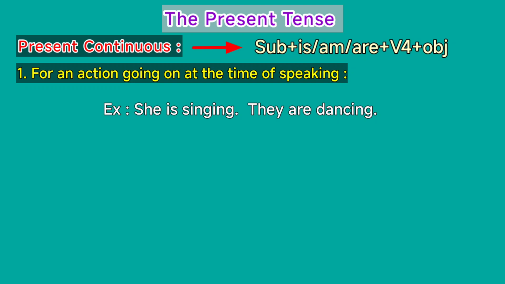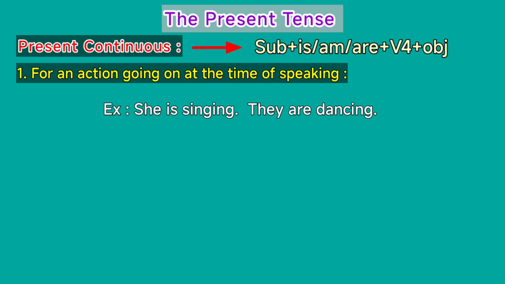Just like we say "She is singing," now she is singing, that's all. But we should not say when she started singing. "They are dancing," but we should not say when they started dancing. Fine, you have to remember that. Otherwise, if you mention the time when the work started, it will go to present perfect continuous. All right, so please do remember that.